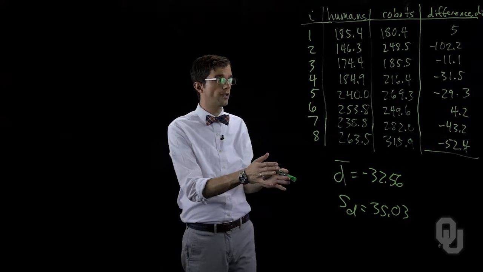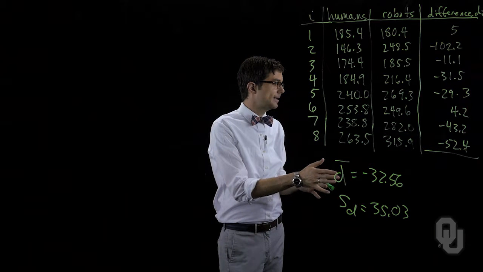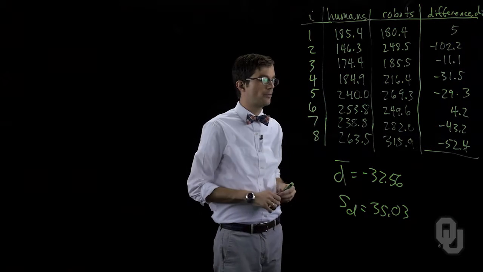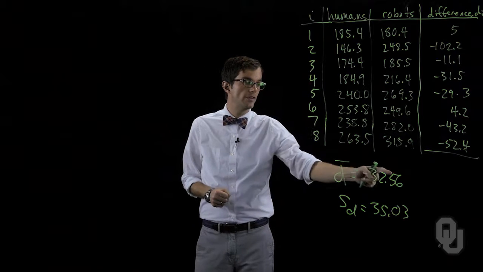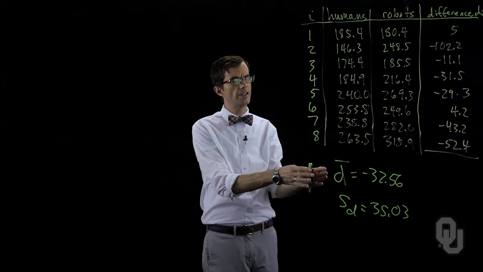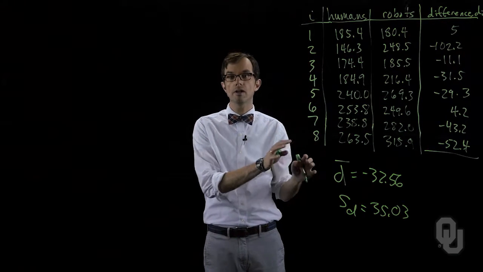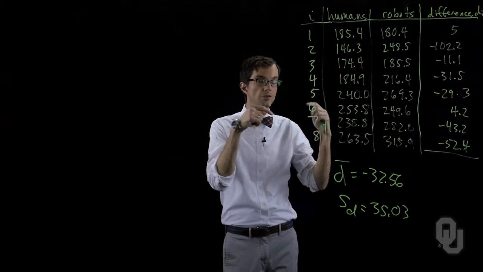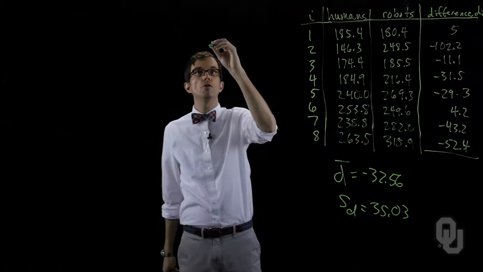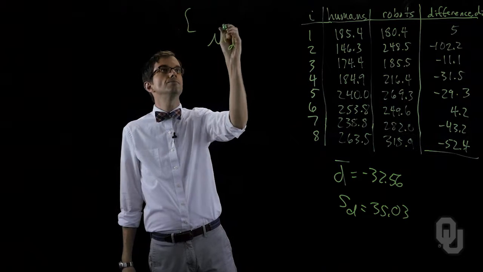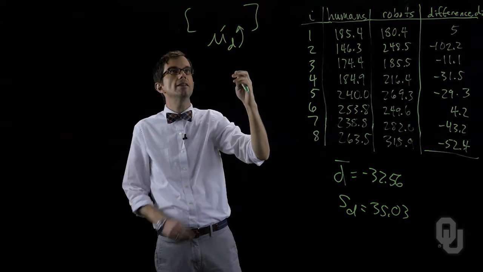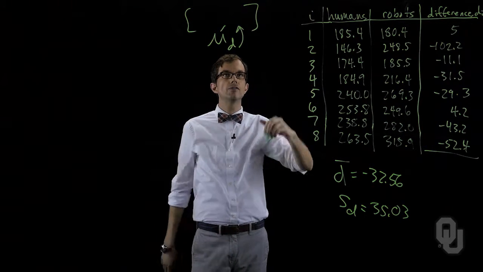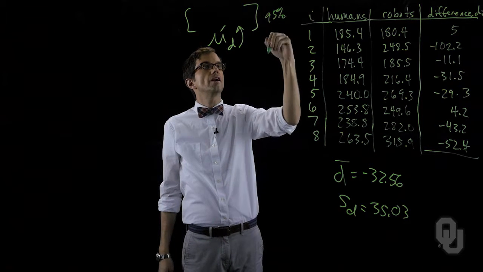Now let's say we wanted a 95% confidence interval for this difference. So we're not trusting this point estimate. We want a confidence interval within which we think the true population mu sub d lies. We think mu sub d lies in between these bounds with 95% confidence.